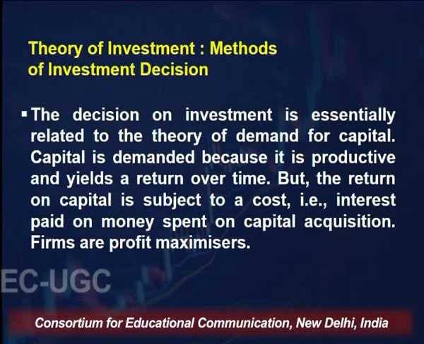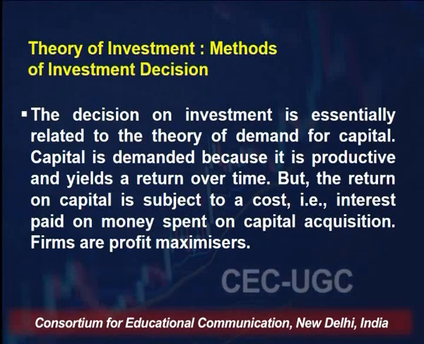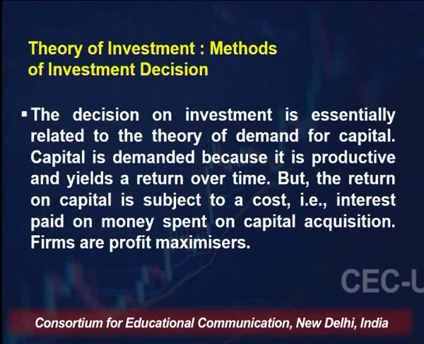But the return on capital is subject to the cost, that is, the interest paid on money spent on capital acquisition. Firms' main objective is the maximization of profit, so firms acquire the capital stock that maximizes their profit given the cost. The theory of investment deals with how firms decide on the profit-maximizing level of the capital stock.